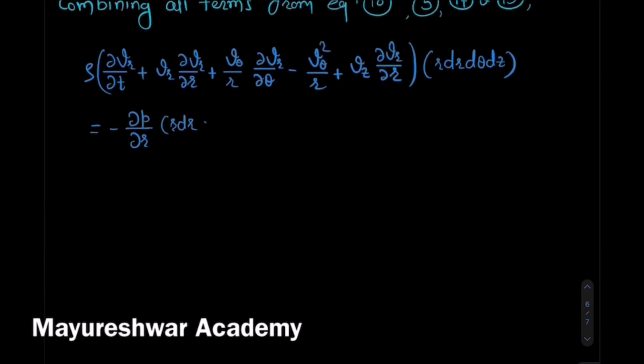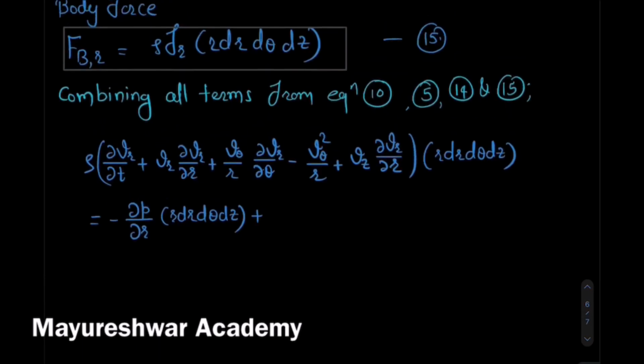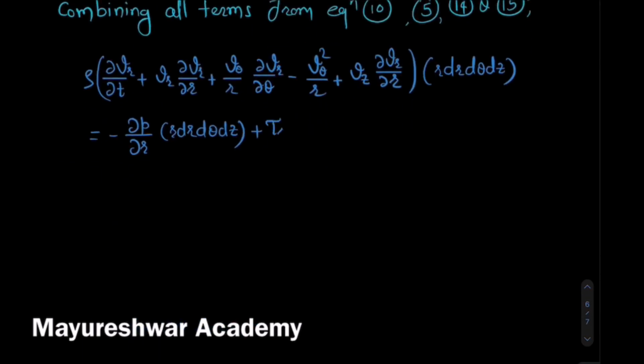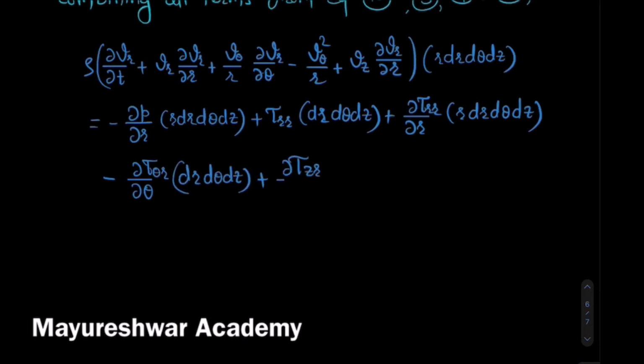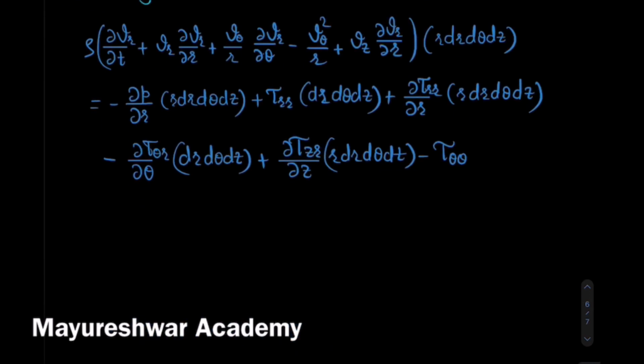So minus dp dr r dr d theta dz, plus normal stress component tau rr into dr d theta dz plus partial over partial r of tau rr into r dr d theta dz, minus shear stress component on theta plane along r direction into dr d theta dz, plus shear stress component on z plane along r direction, multiplied by volume, minus tau theta theta into dr d theta dz.